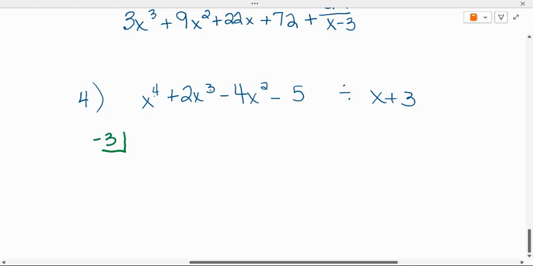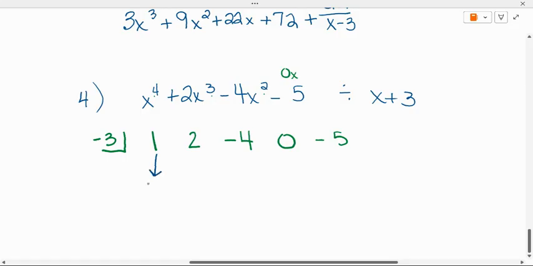So I have x to the 4th, x to the 3rd, x to the 2nd. I don't have any x to the 1st, so I'm going to make sure I squeeze in a 0x. I don't want to forget about that. So my leading coefficient, I have a 1, and then a 2, and then a negative 4. Don't forget about your little guy 0, and then that negative 5.